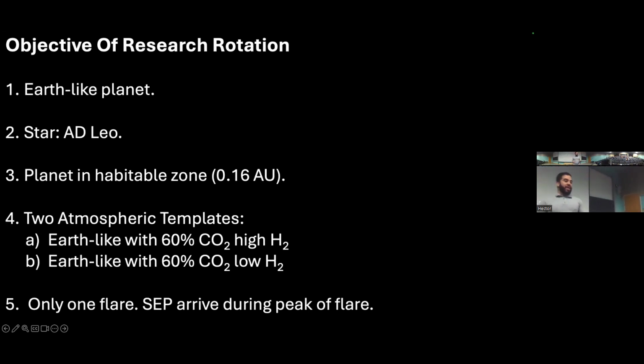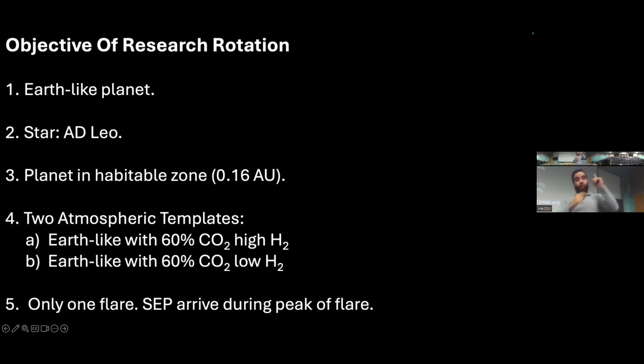Some things to note: I use an Earth-like planet. The star is AD Leo, and the planet is in the habitable zone of the star, at 0.16 astronomical units. I use two different templates: an Earth-like with 60% CO2 and high molecular hydrogen, and an Earth-like with 60% CO2 and low molecular hydrogen. Arbitrary, I just used those.